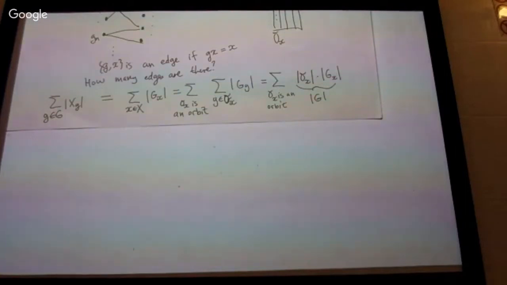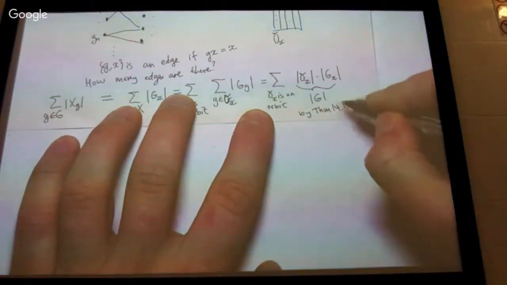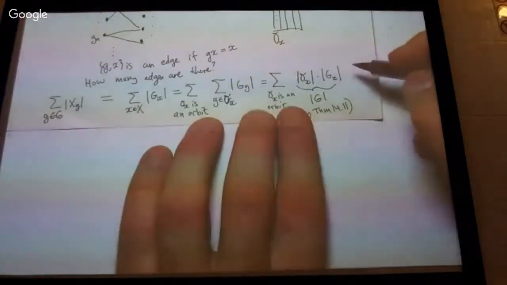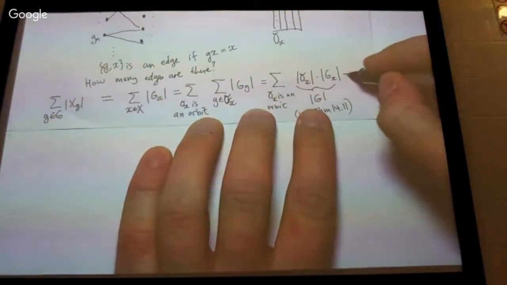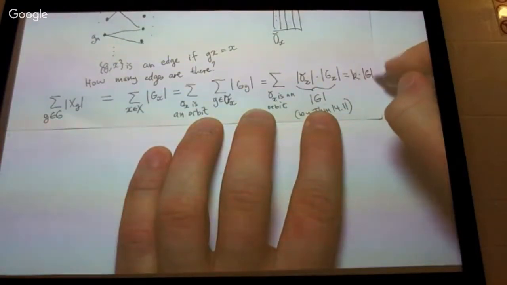Theorem 14.11. So we're adding the order of G how many times to itself? The number of orbits, once for every orbit. And we said in the assumption of the theorem that the number of orbits is K. So this is K times the order of the group G.